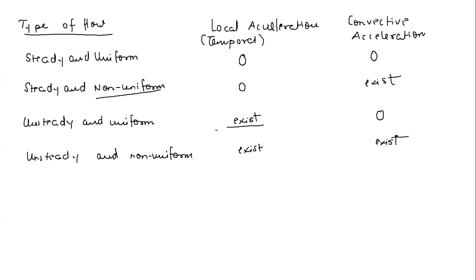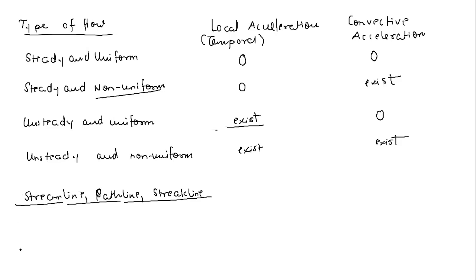So here, basically, we have three concepts which are used to define the motion of a fluid. One is a streamline, then you have a path line, then you have a streak line. Okay.